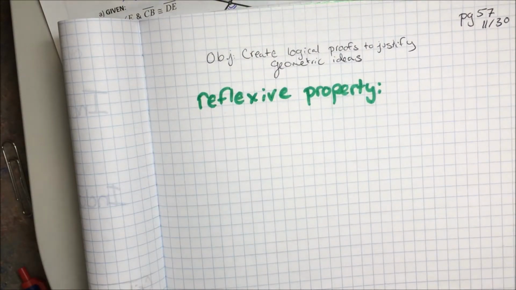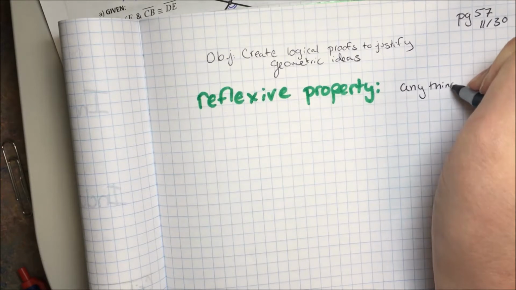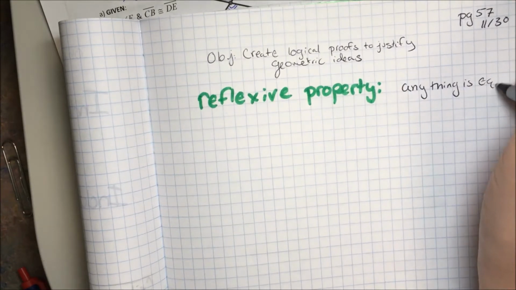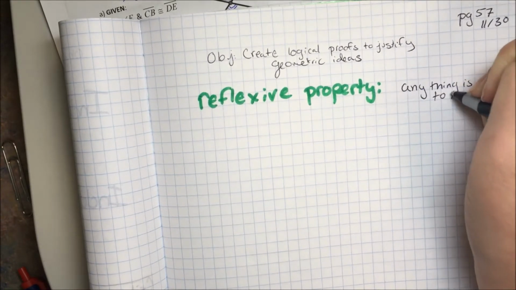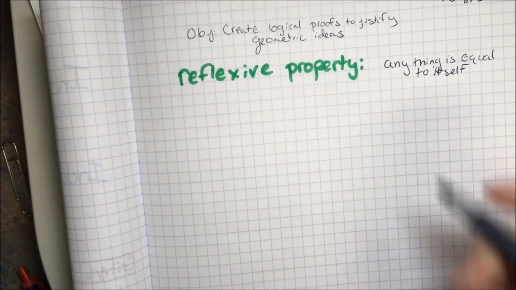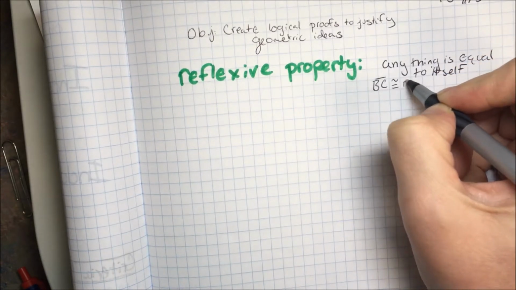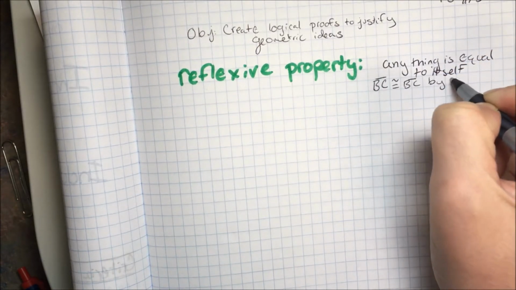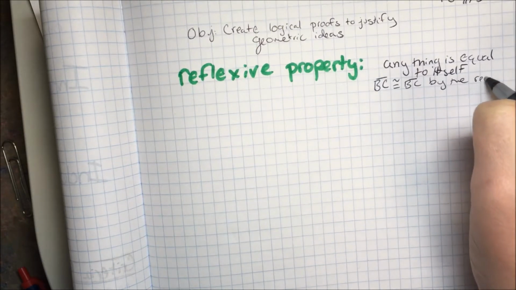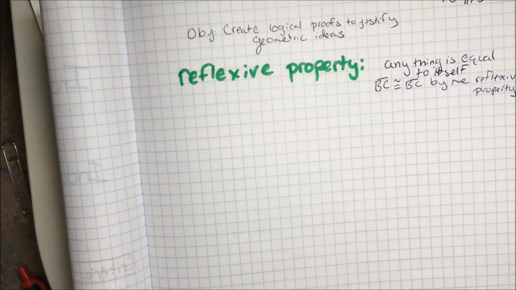And what the reflexive property says is that anything is equal to itself. So BC is congruent to BC by the reflexive property.